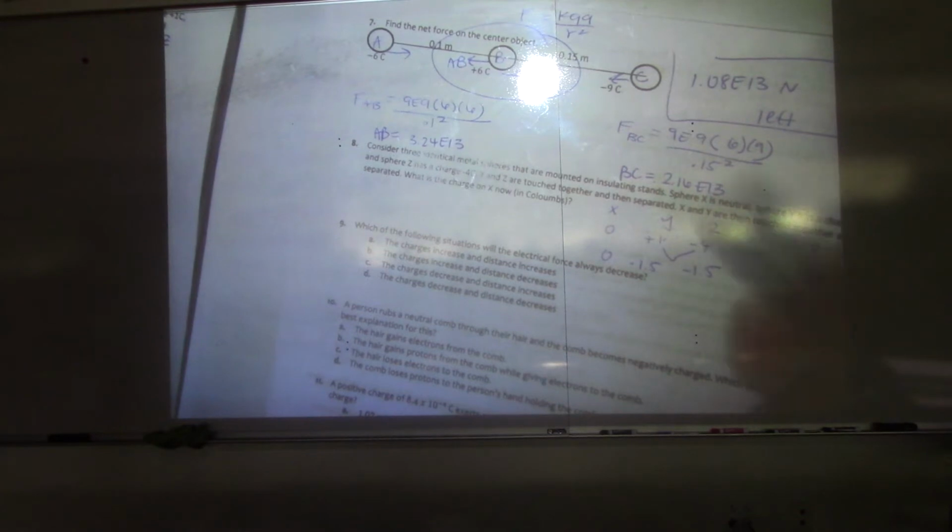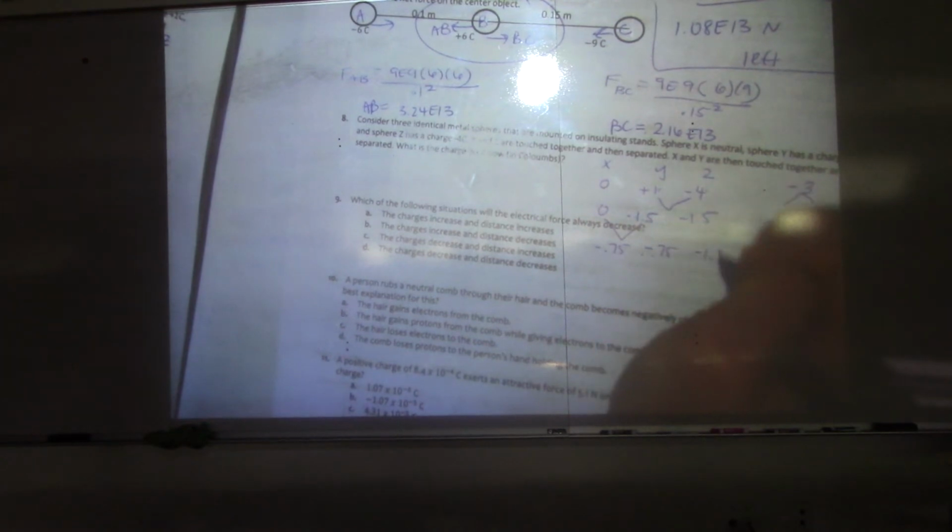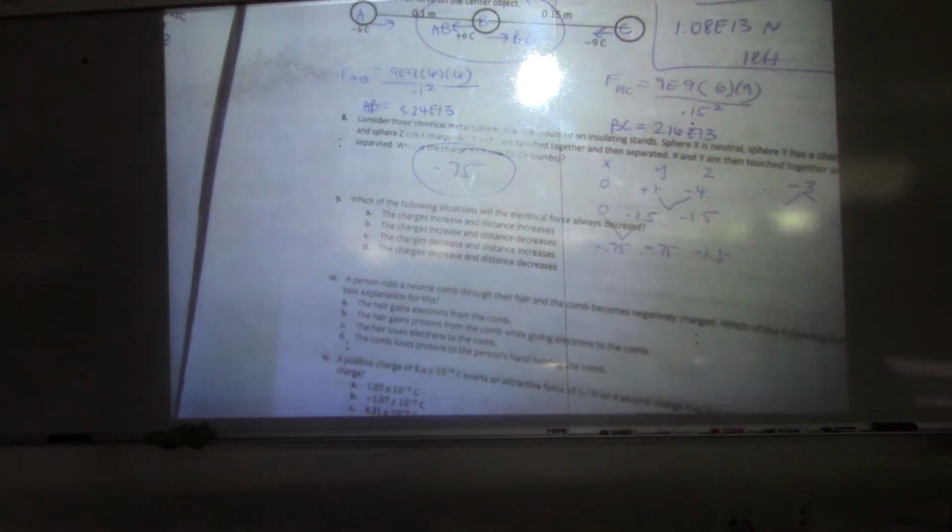And then X and Y are touched, so the -1.5 total is split between them, so it'd be -0.75, -0.75, and this one just gets dropped out. So the charge on X is -0.75, and then these are the other two.